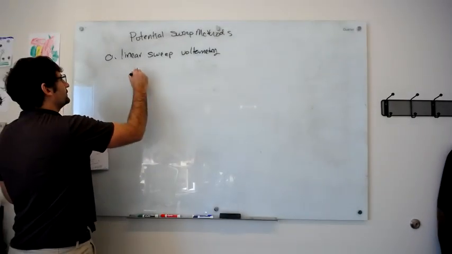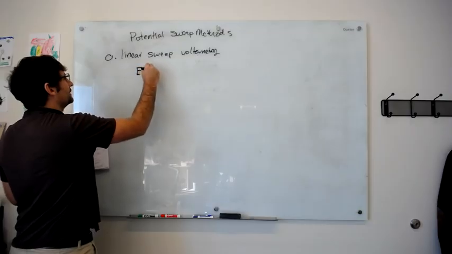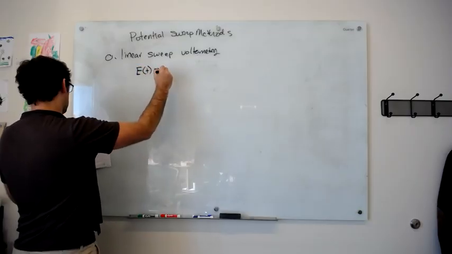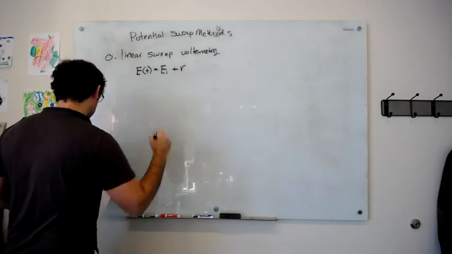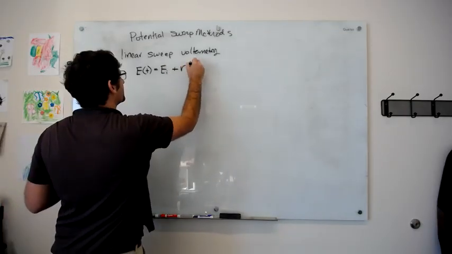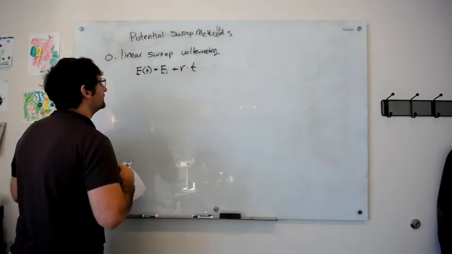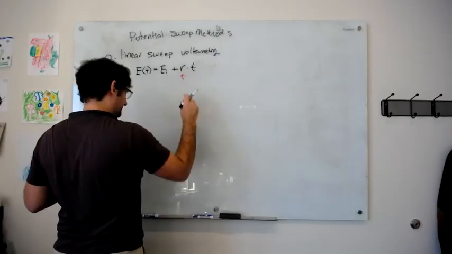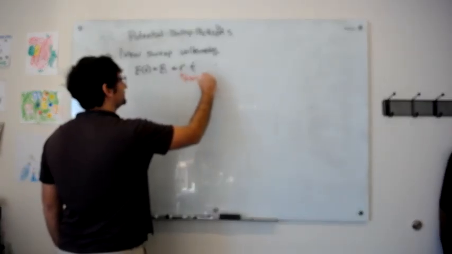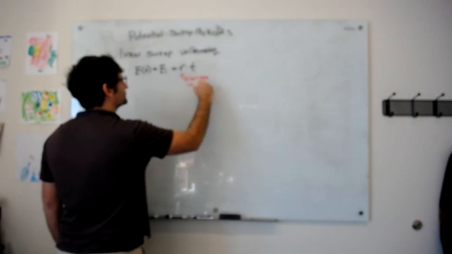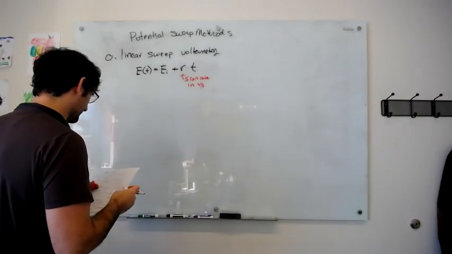So we're going to define E of t as some initial potential plus the scan rate times time. So this again is scan rate in volts per second or millivolts per second.